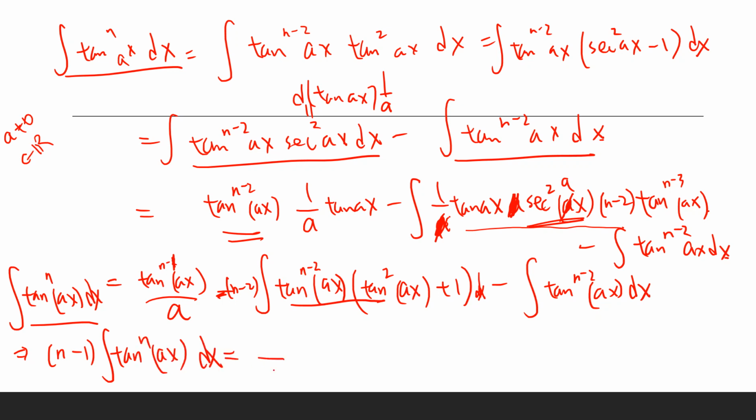Hopefully we can get it right. So this is 1 over a tangent n minus 1 ax. So we combine these terms, and there's the rest of the n minus 2 term, but there's another term here, right? So you get minus 2 of this tangent of x, minus tangent n to the power of ax.